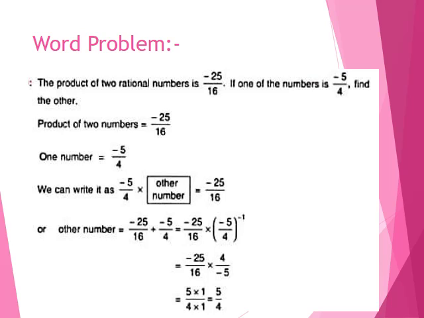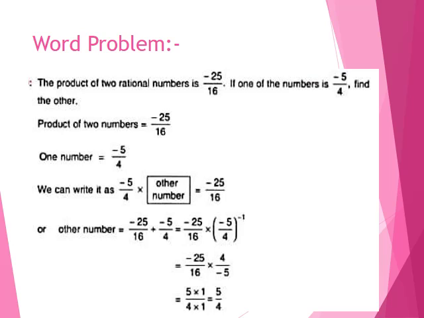So we will get the other number when we divide minus 25 by 16 by minus 5 by 4. Now see here the division sign is there, and how will you convert that division sign into multiplication? By taking the reciprocal of the second number. So minus 25 upon 16 multiplied by 4 upon minus 5.